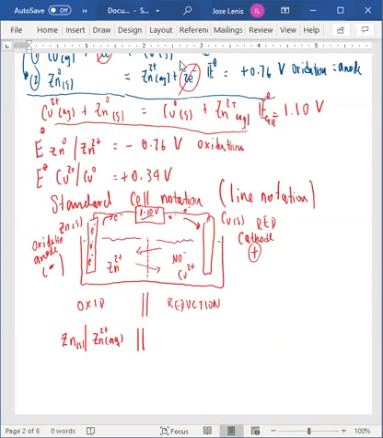So on the other side of the cell, what do we have? Solution. And what metal is in the solution? Copper 2 plus ions, aqueous. And the interface is with copper metal.